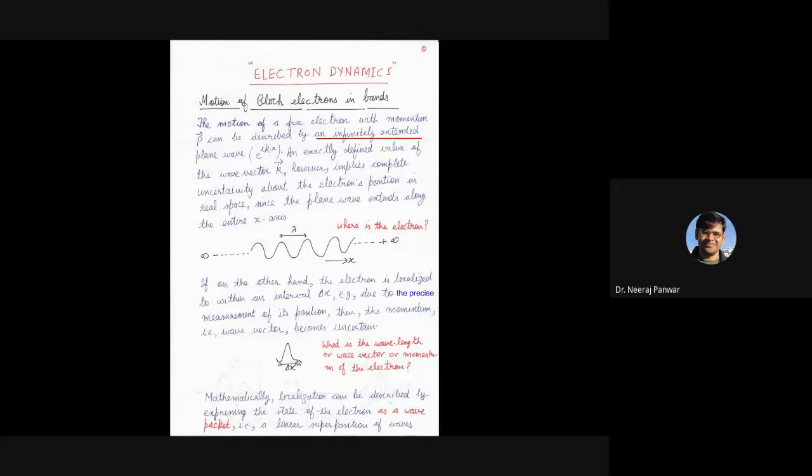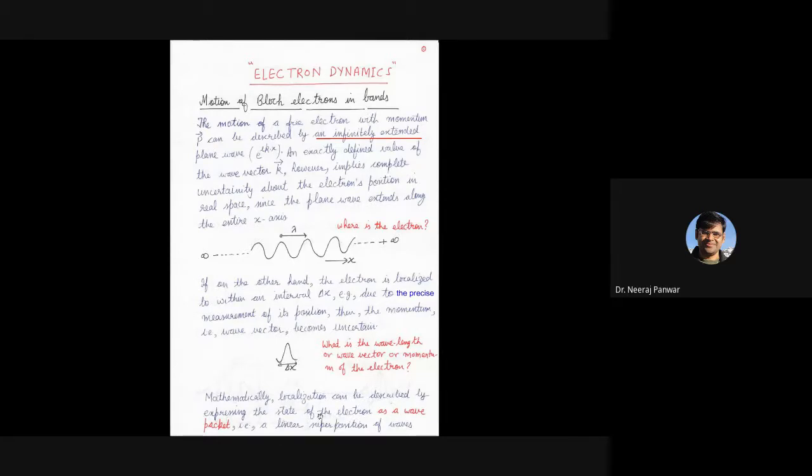In that case, the combination of such waves, a large number of waves having slight mismatch between their wavelengths, will generate a wave packet that will define the electron. I hope you understand this concept from quantum mechanics.